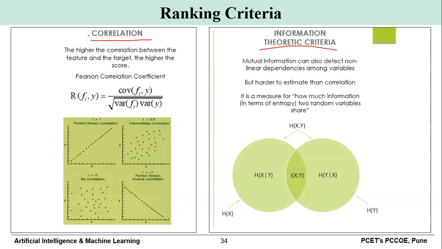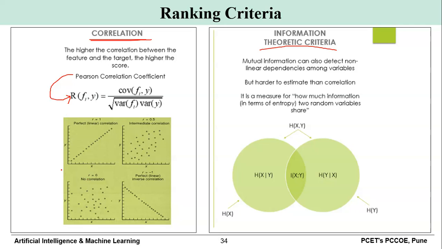Many times we have heard the word correlation coefficient, and this is the typical formula for estimating the Pearson correlation coefficient. And we know that based on the value of R, we decide how strongly the two variables are correlated.